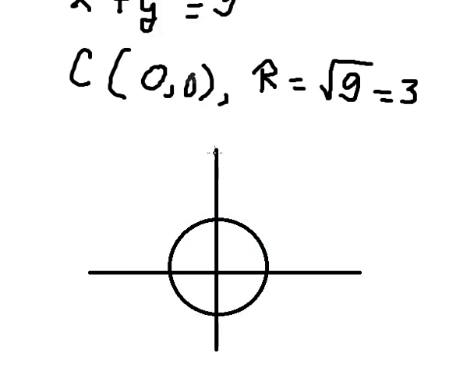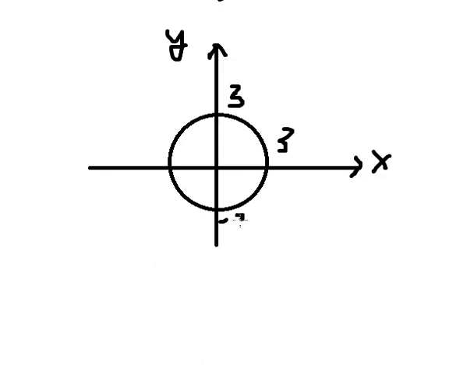So we put 3 here, 3 here, negative 3 here, and negative 3 here.